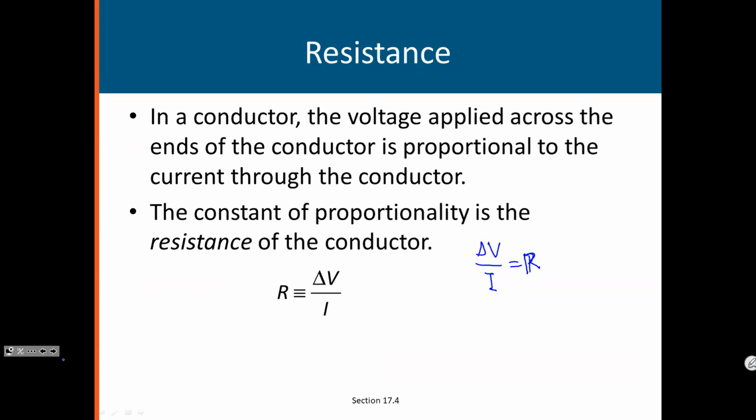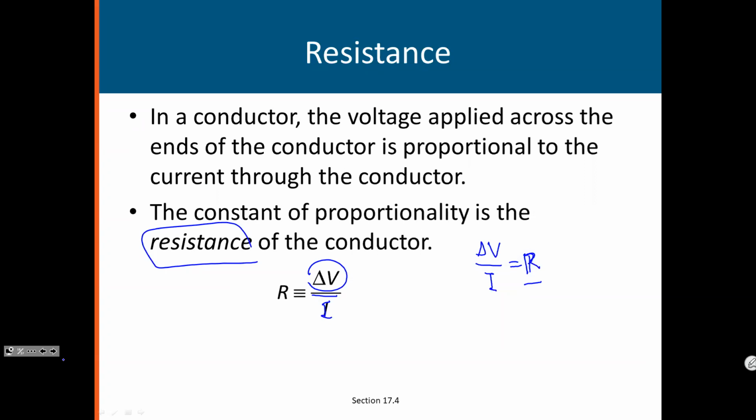The ratio, delta V, the voltage, divided by current, is equal to its resistance. It is a constant, because I said it is proportional, but it is not proportional for all materials. For certain materials it is proportional, and we call that quantity R the resistance. Resistance is equal to the potential difference applied divided by the current that flows through it.